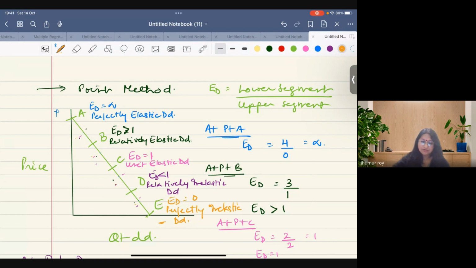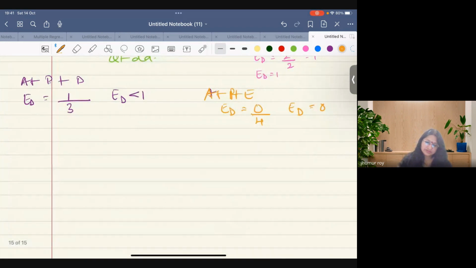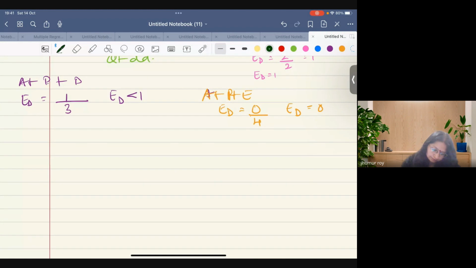Now there's another method, the third method, which is called the arc method. What does the arc method say? It is a different approach.